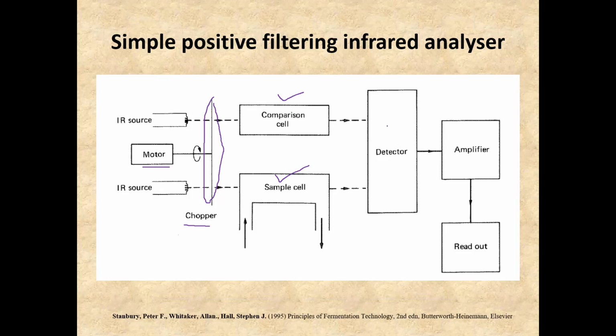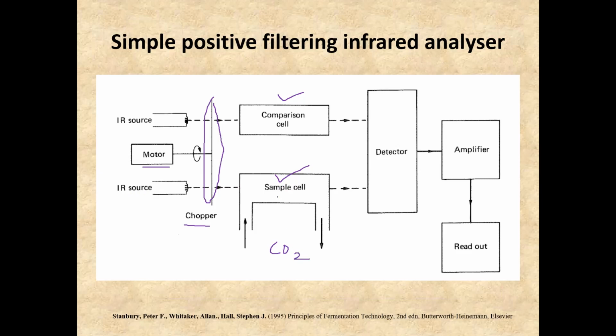Now, what happens here is, your sample may be an inlet gas that you are introducing via the sparger, or an exhaust gas, whatever your sample is, it fills the sample cell. When you keep your sample in the path of this infrared source, the carbon dioxide in your sample will absorb the infrared light.